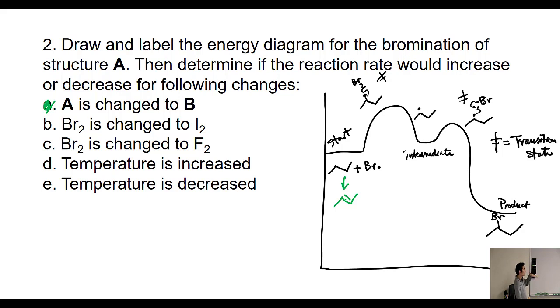I'm making my intermediate more stable. If I'm making my intermediate more stable, will that lower or increase the energy of the intermediate? It would lower. The more stable I am, the lower my energy. If I lower the energy of my intermediate, it's going to lower or increase my transition state and my activation energy.